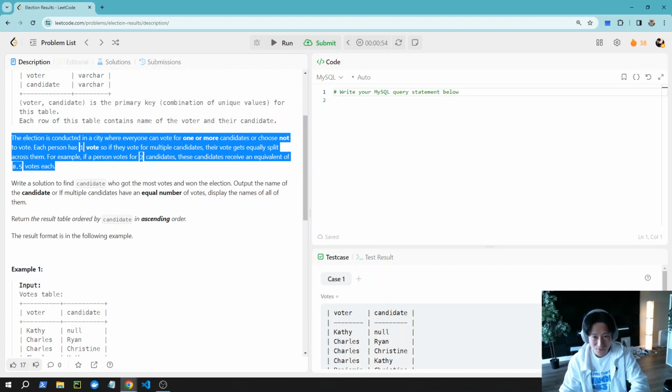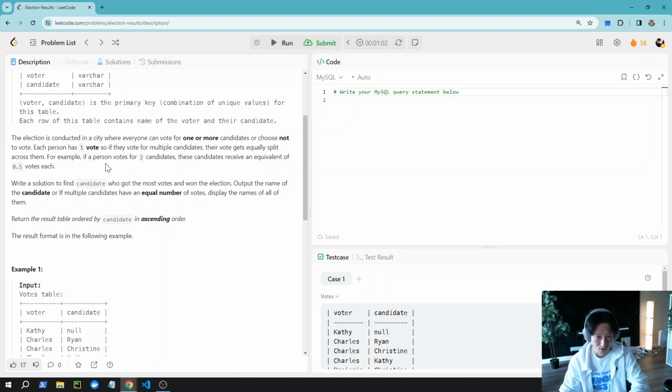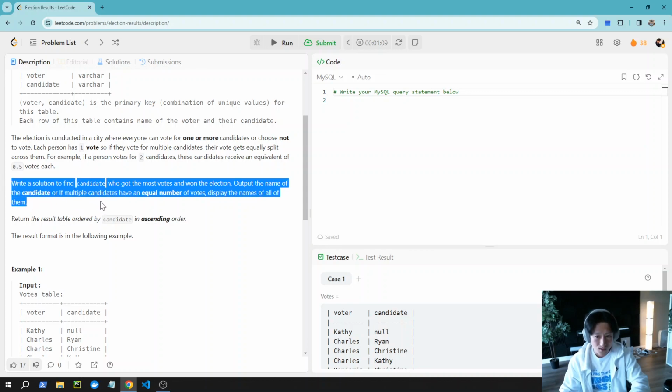For example, if a person votes for two candidates, each candidate receives the equivalent of 0.5 votes. Write a solution to find the candidate who got the most votes and won the election.